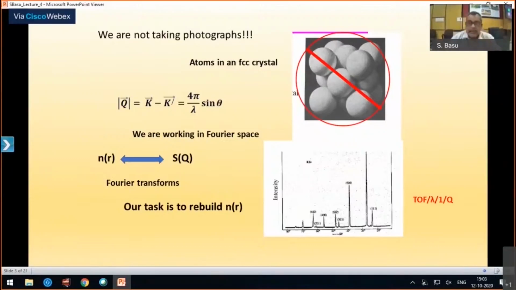As an example, I showed you this FCC crystal. To see this, you have to go through a route where we get intensity as a function of Q, and from this we need to rebuild a structure n(r) through Fourier inversion.